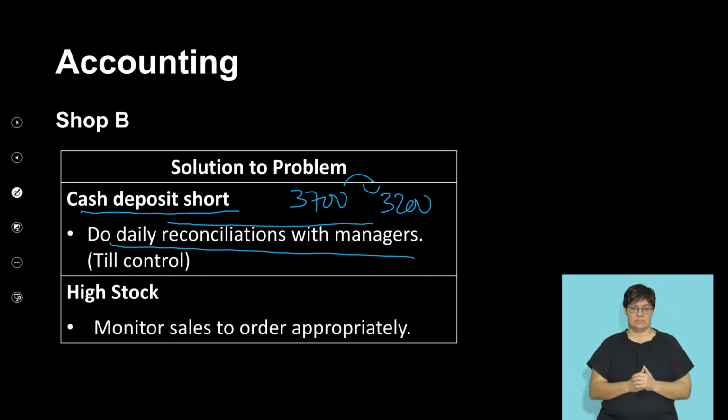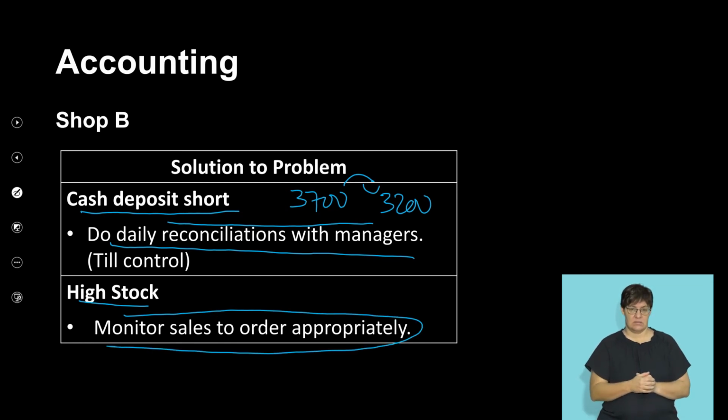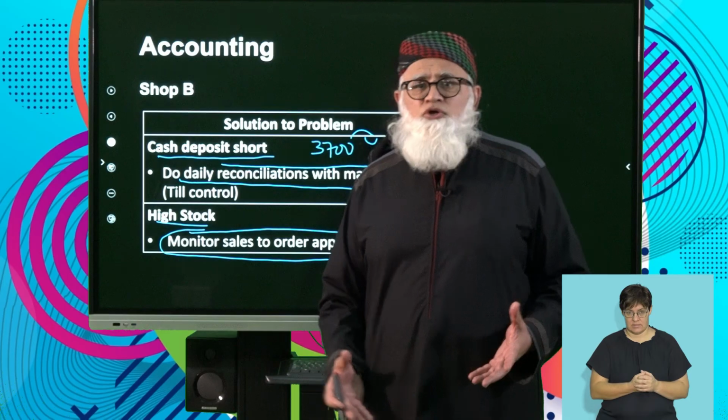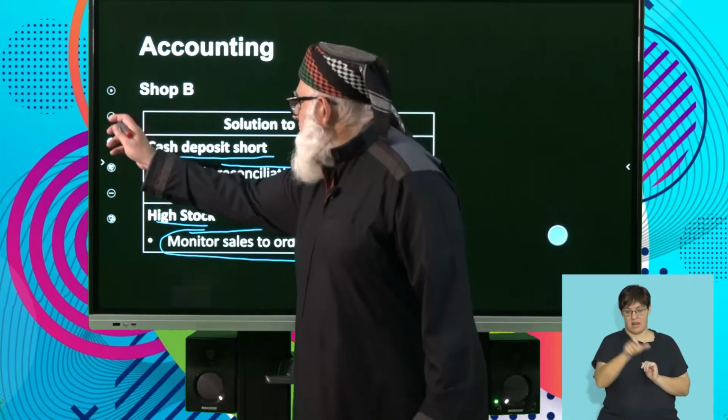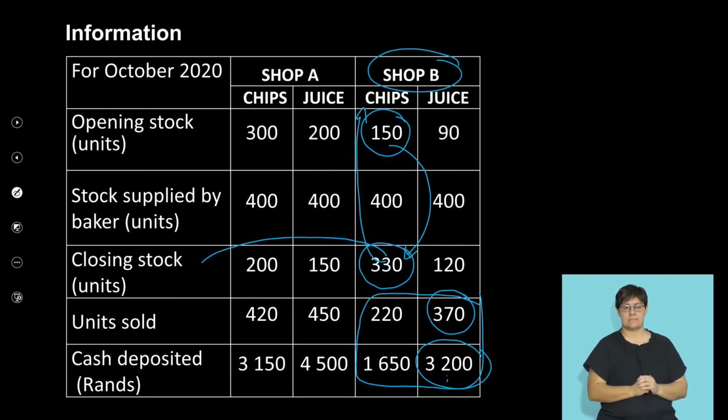The next item or the next challenge that we had was the high stock. Remember, monitor your sales in order to order appropriately. Obviously, you look at the sales of the branch, right? You look at the sales of the branch. Here you go. You're only selling 220 units.